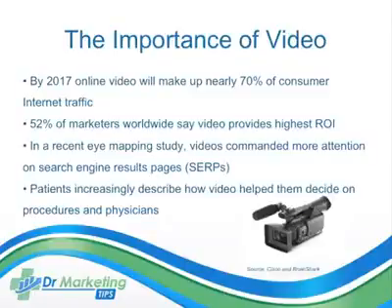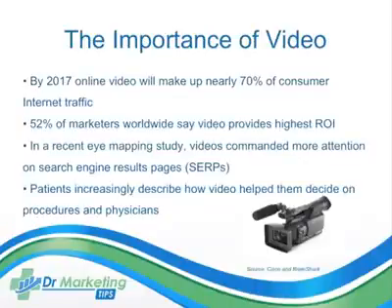And this next statistic I think is really interesting. In a recent eye mapping study, videos commanded more attention on search engine results pages, or SERPs, if you've ever heard that term. Basically what that means is, if you go to Google and you type in a search term, that page that you see, that's your SERP. So if there's videos on that page, what they're saying is that the human eye is drawn toward those a little bit more than it is for the text.